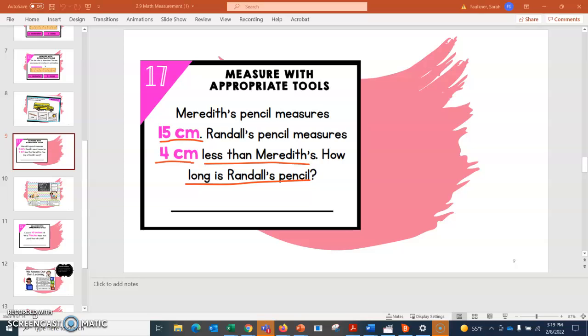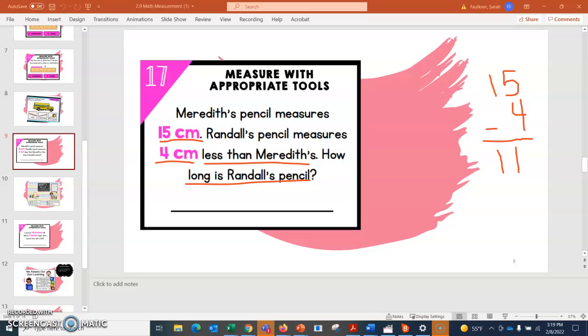Okay, so I see Meredith's pencil is 15 centimeters. And I know that Randall's is 4 centimeters less. That tells me to get Randall's pencil, I need to subtract 4 so I can understand what the length of his pencil is.